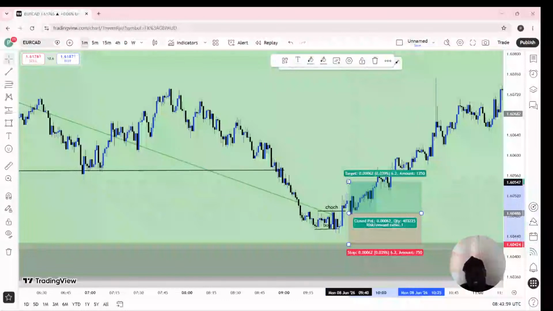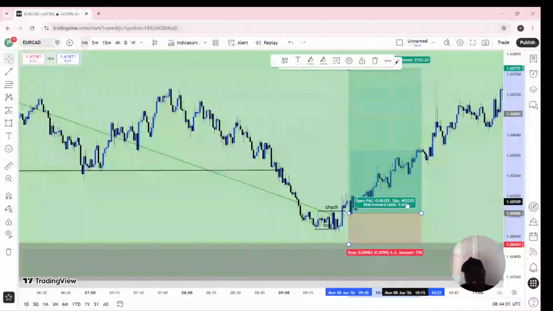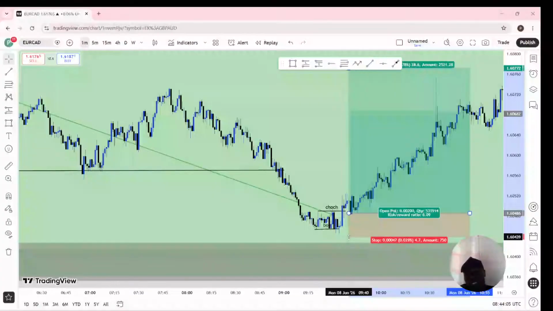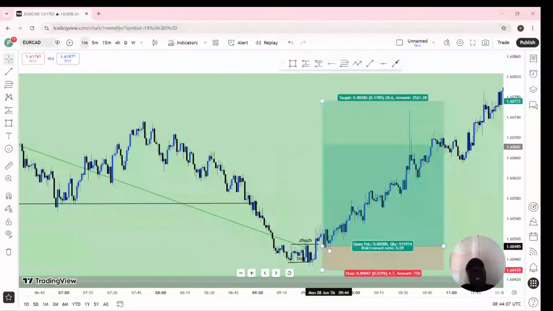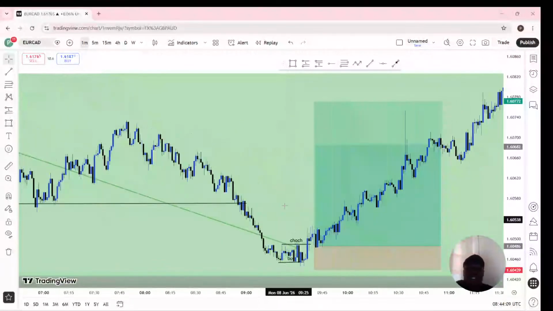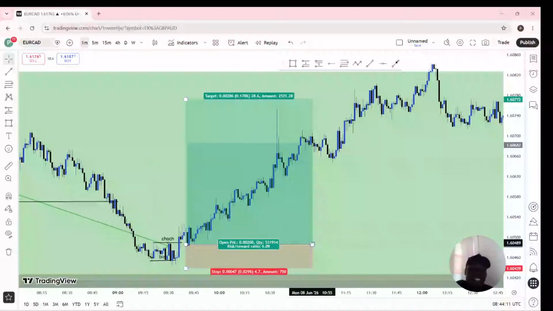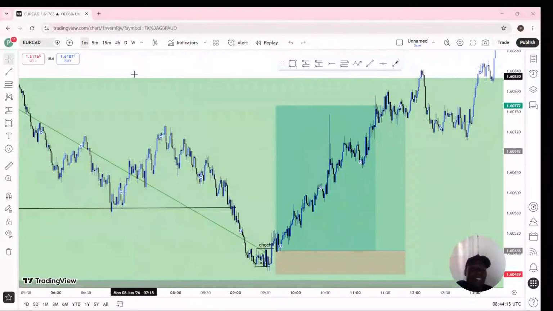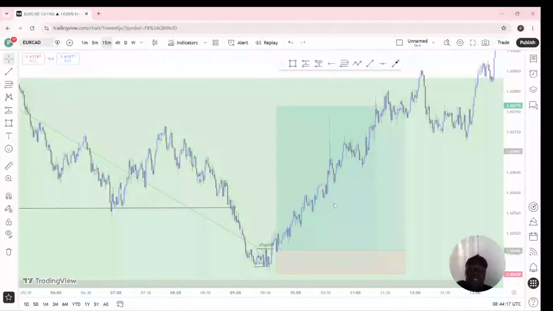Price also managed to reach our discounted zones, and then we enter targeting the extreme high. You can enter as much as you want actually. Even over leveraging is allowed, because you can have confirmed everything by yourself.